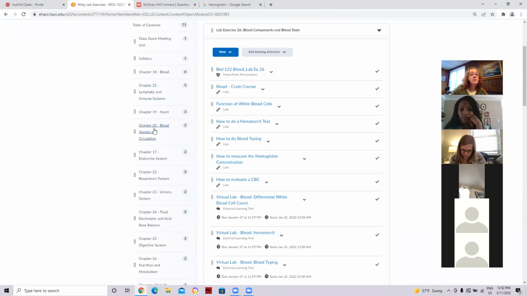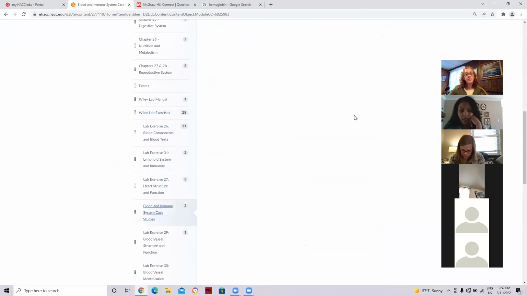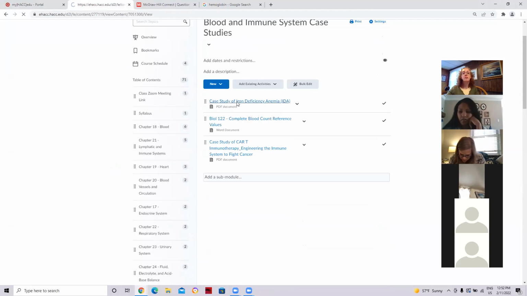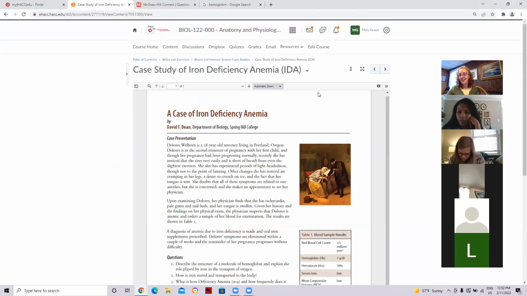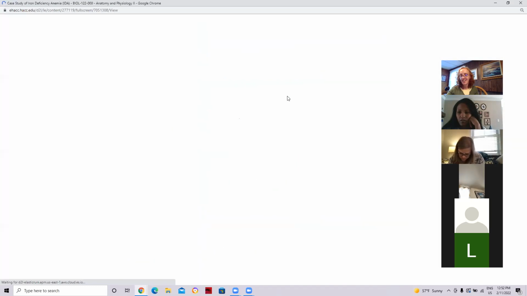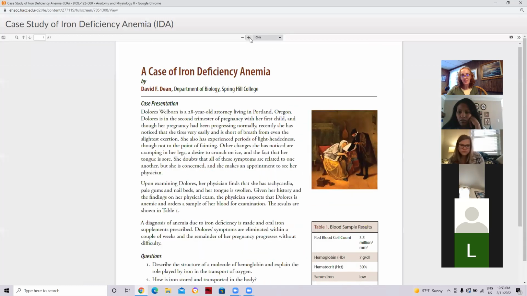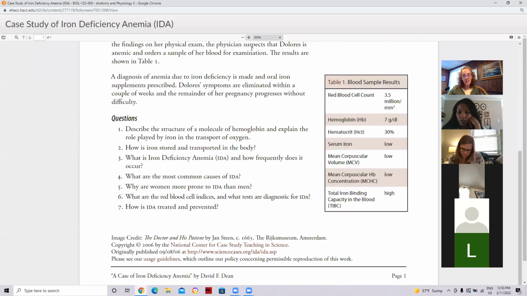I honestly like these case studies more because I feel like with the labs, if we're just doing like the blood experiment and stuff, that's something we're never gonna do in real life. Well, not all of us, but with these case studies, we can just apply it to real life. Right. Exactly. I agree. That's what I think, they're fun too.